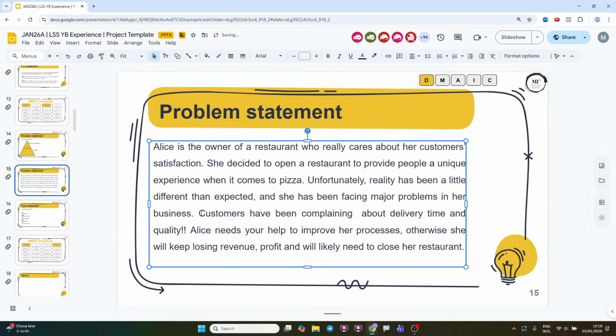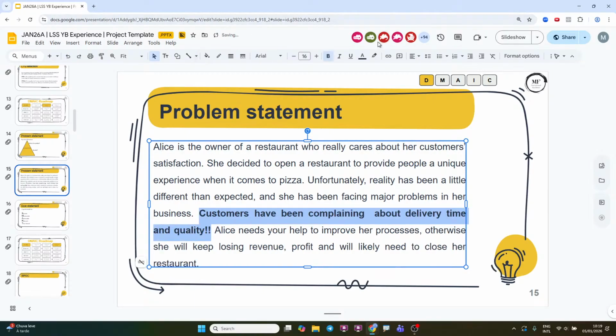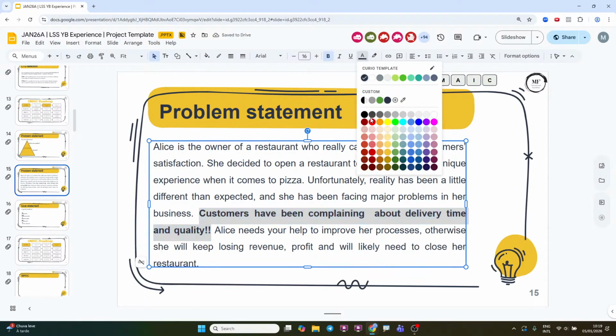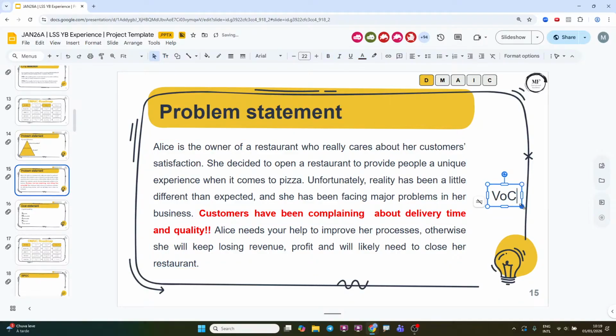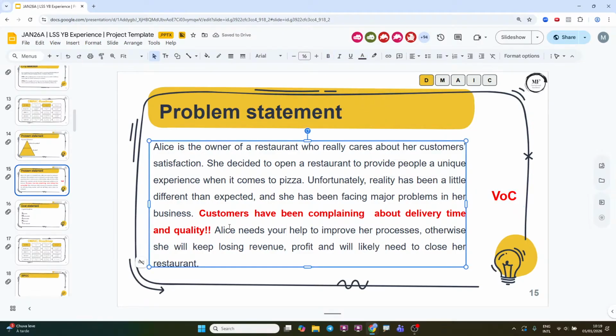We have here VOC, this is VOC, VOC, and we have here VOB, voice of the business.